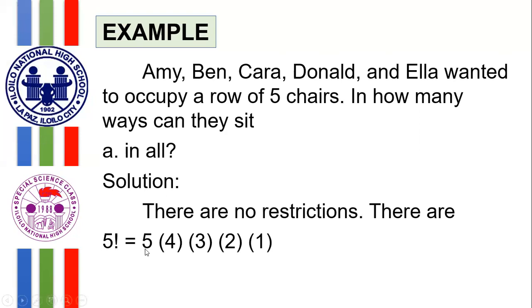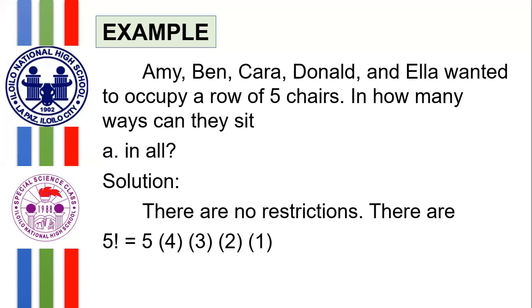That is, 5 people could sit on the first chair. If the first chair is taken, 4 could sit on the second chair. If 2 people have already been seated, then 3 people could sit on the third chair, 2 on the fourth chair, and if 4 people are seated already, then the remaining person has no choice but to occupy the remaining seat.